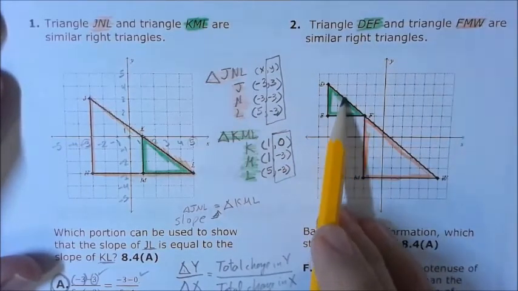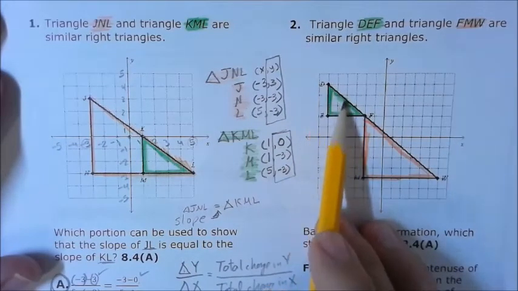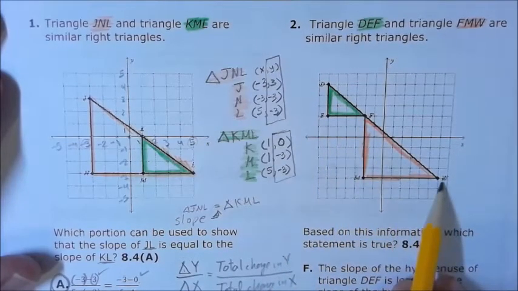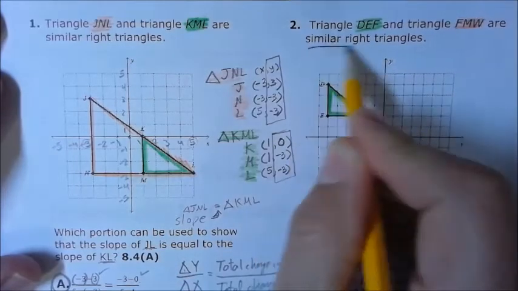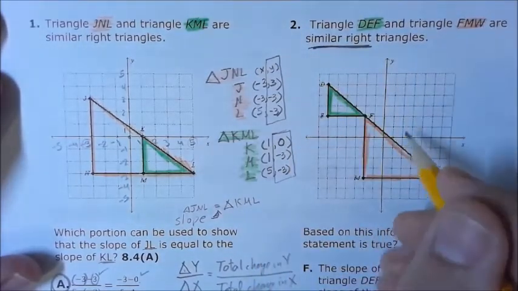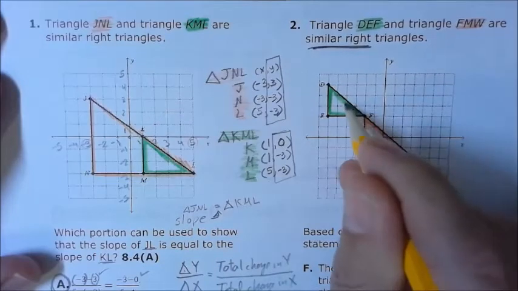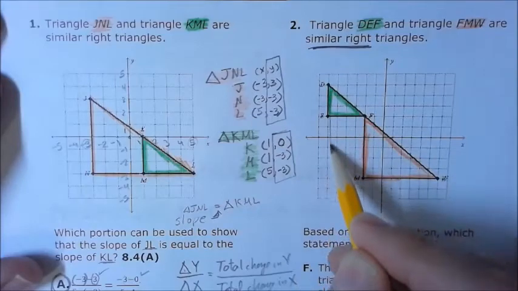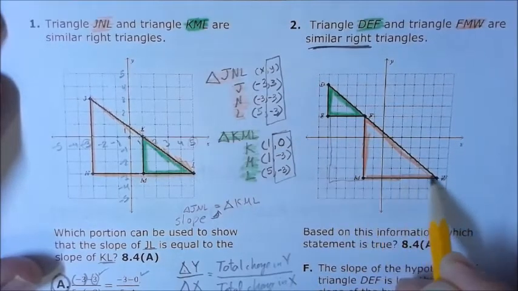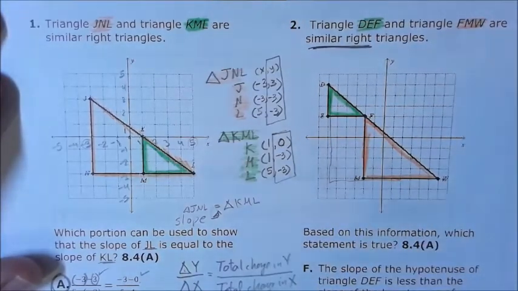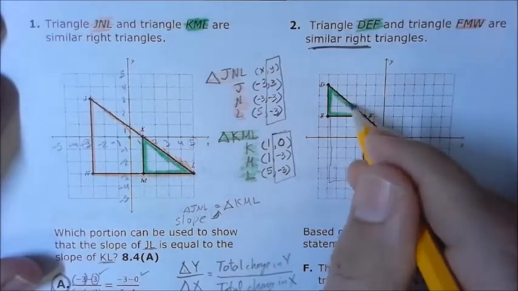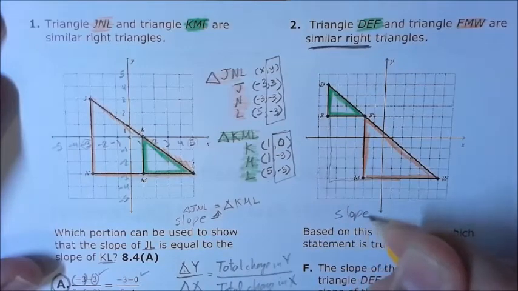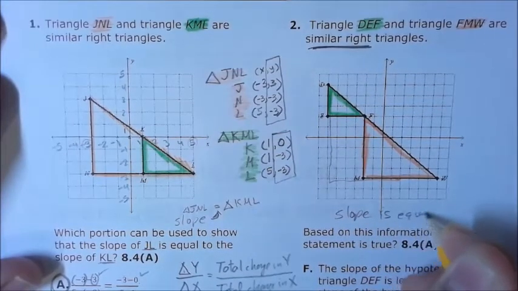Notice that the hypotenuse, if we follow this hypotenuse, right, it merges right into the next hypotenuse. With that being said, and because they are similar right triangles, then we know that the slope of the hypotenuse on both triangles is exactly the same. Look, if we wanted to, we could even connect these two together and make one huge triangle. Do you see that? So, one thing we know from looking at these similar triangles with the hypotenuse that has the same slope, we know that the slope is equal.